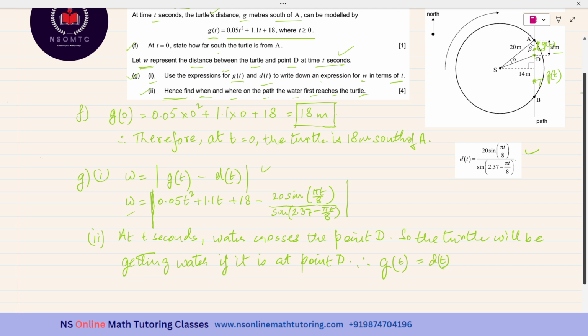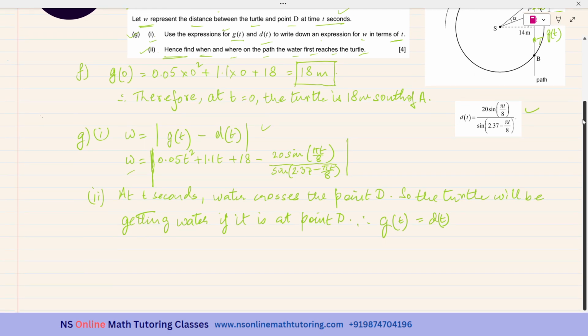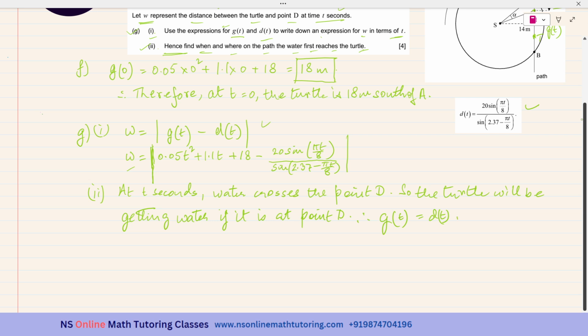D of t is what? The distance between this movable point D and A. And g of t is what? The distance between the turtle and the point A. So g of t has to be equal to d of t. So W should be equal to 0, because W is g of t minus d of t.